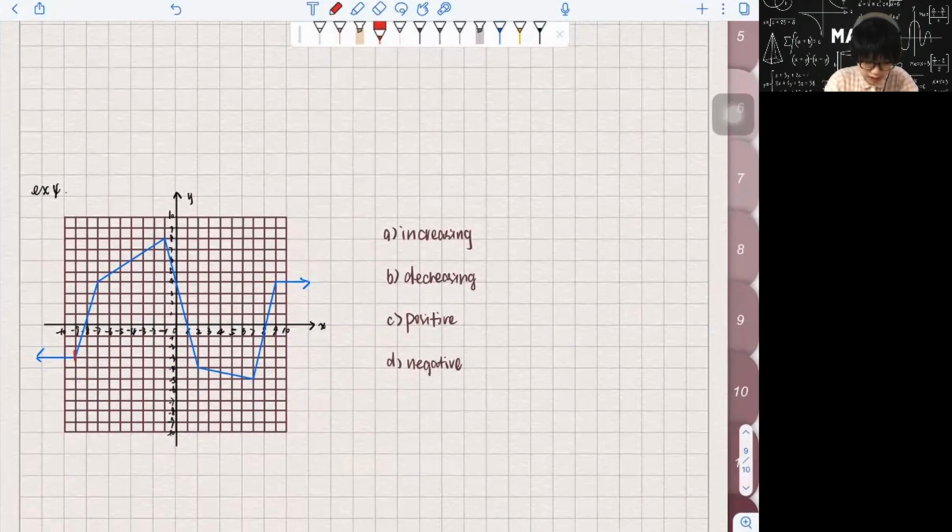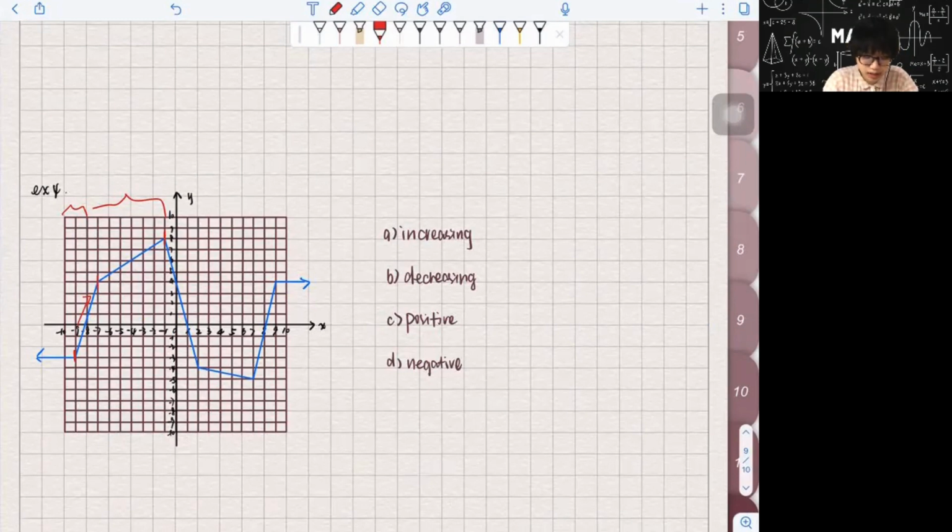From -9 to -7, the gradient here is positive, so it's increasing. And here's a special point: from -7 to -1, although the gradient in this part is smaller than this part, it's still positive.